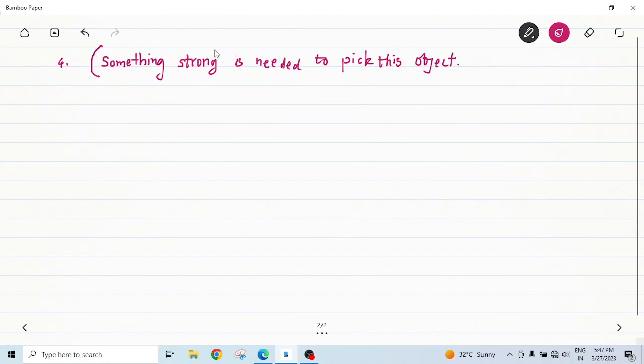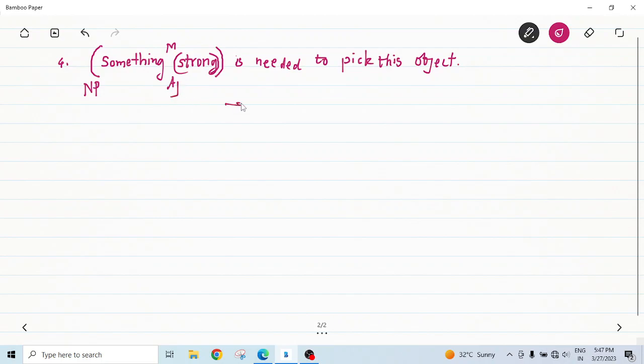This makes something strong a noun phrase in which the word strong, which is an adjective by class, functions as modifier in this noun phrase.